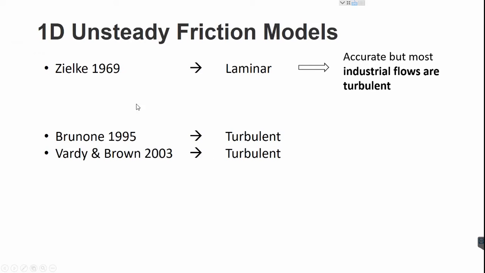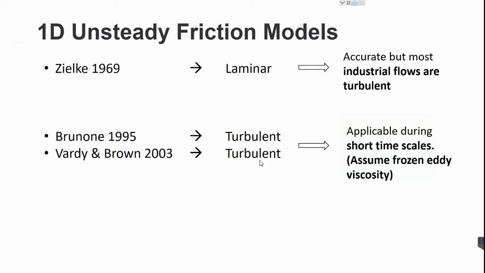More recently, in the 90s and in the early 2000s, Brunone and Vardy and Brown developed an unsteady friction model for turbulent flows. And this model is very good. It seems to work quite well, actually, for problems like water hammer or shock waves in train tunnels.